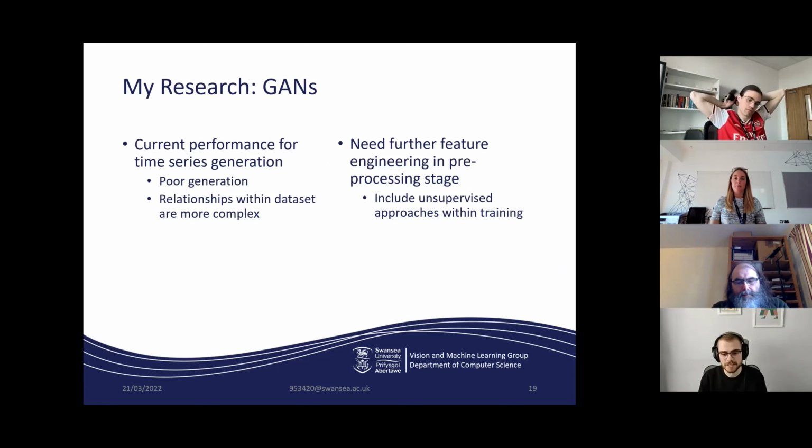So what needs to be done is to encode some more relationship information within the data. Before I'm inputting the time series into the model, or also within the model, can I encode some important correlations? Can I do some unsupervised clustering to pick out certain classes of patient? Right now it's challenging because I don't have demographic information, but I have other data sets available to me with that information in place.